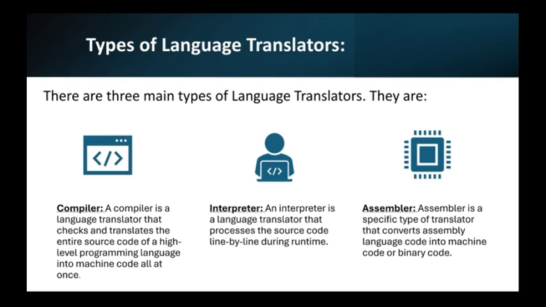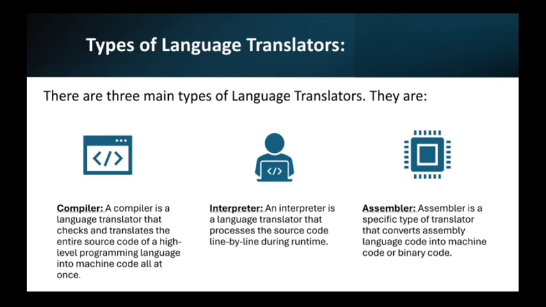What this means is a compiler will go through all the instructions written in a particular programming language, then convert everything all at once to machine language for the machine to execute the instructions. An interpreter, on its own, is a language translator that processes the source code line by line during runtime.